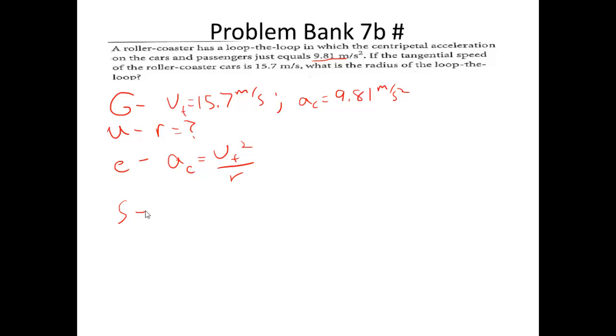Substituting everything in, our solution is going to be 15.7 squared, 246, divided by 9.81, which is equal to 25.1 meters.